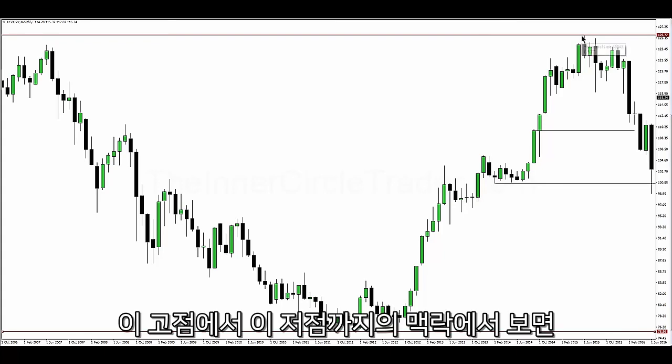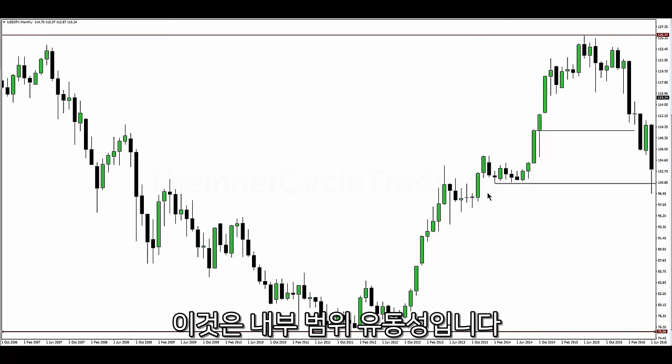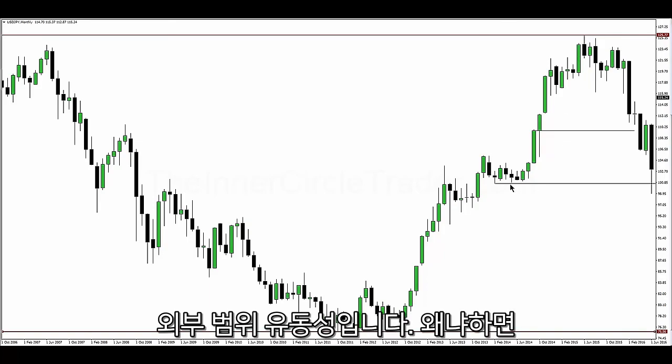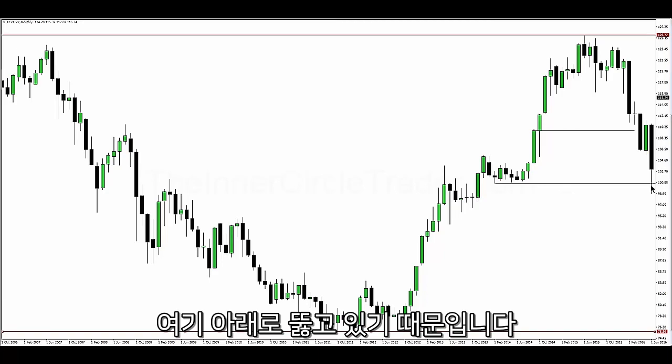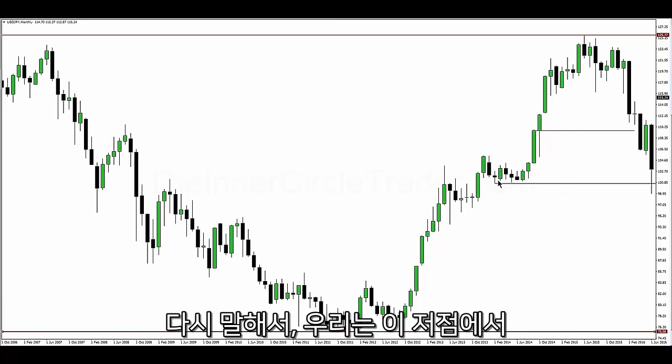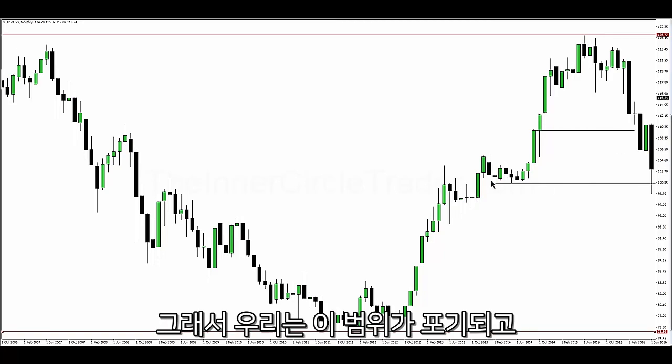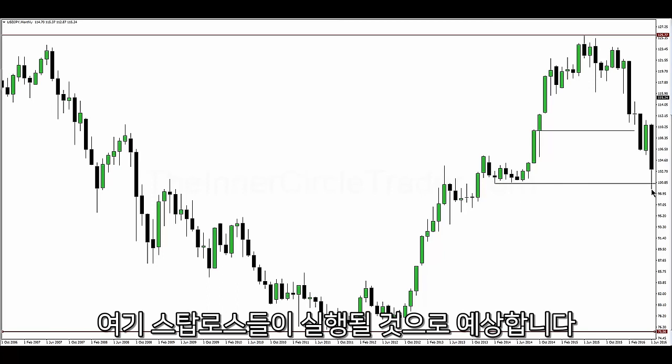In the context from this high to this low, it's internal range liquidity. But from this low to this high, it's external range liquidity because it's piercing it down here. In other words, we created a range from this low to this high, so we expect this range to be given up and run the stops out here.